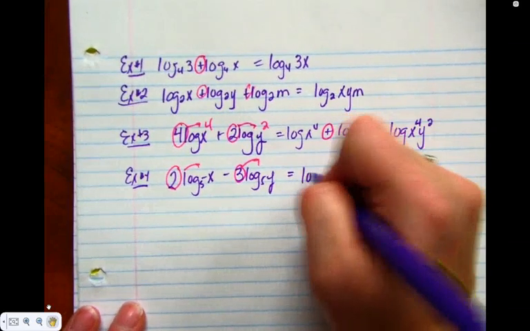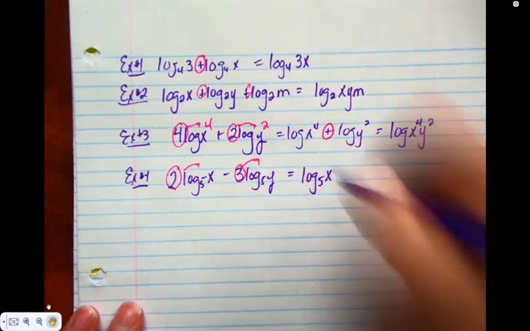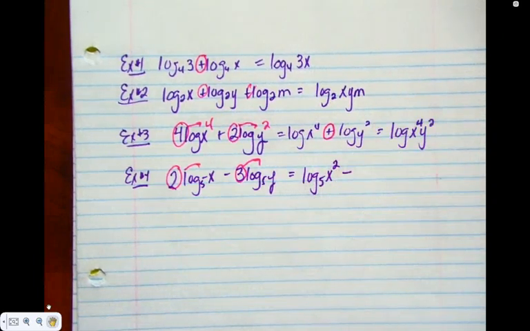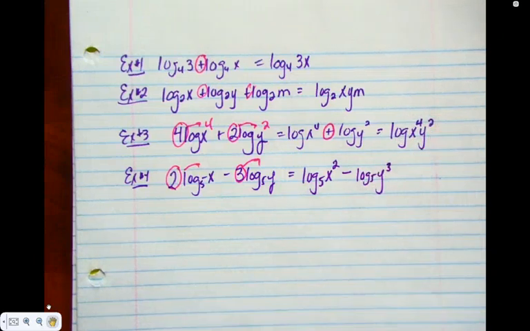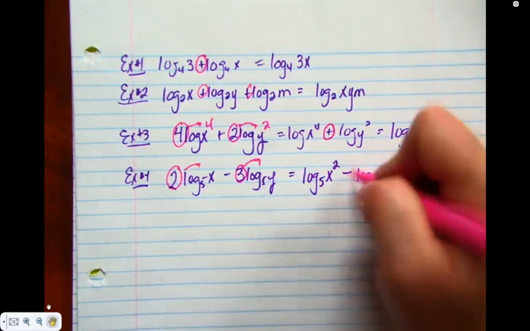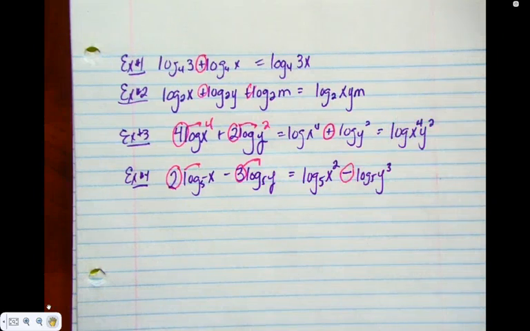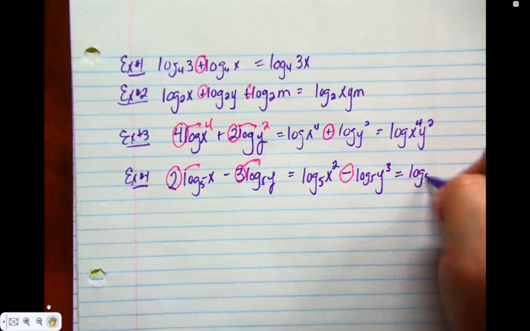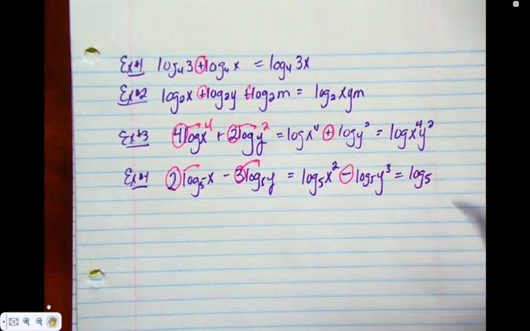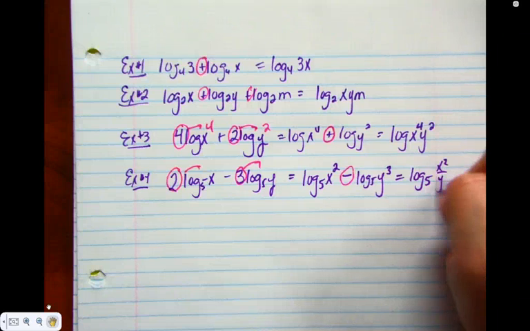So this is going to become log base 5 of x squared minus log base 5 of y cubed. Then this is quotient law. Quotient law says if we are subtracting logs and we want to simplify them, we end up with division. So I'm going to have a log base 5, an x squared on the top, and a y cubed on the bottom.